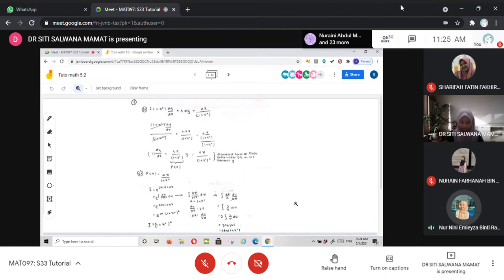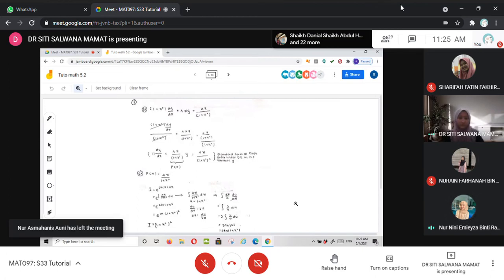Okay, so to solve this equation, step number 1, we need to make this equation in standard form of a first order linear differential equation in variable y. So therefore we have to divide all of them by 1 plus x square. Then step number 2, we need to identify the p of x to find the integrating factor.